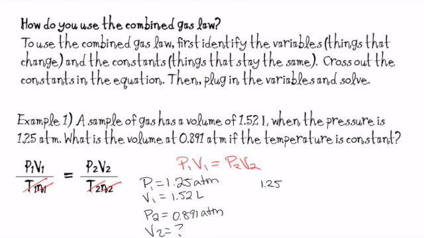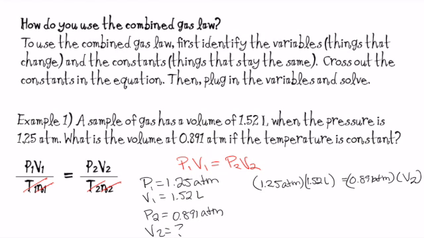So 1.25 atmospheres times 1.52 liters equals 0.891 atmospheres, and V2, which is what we're solving for.